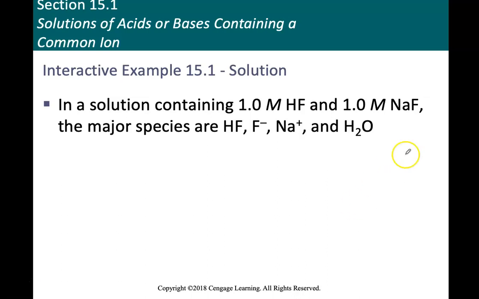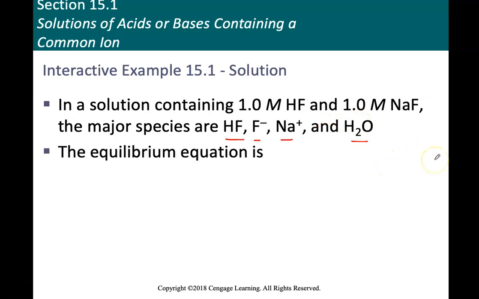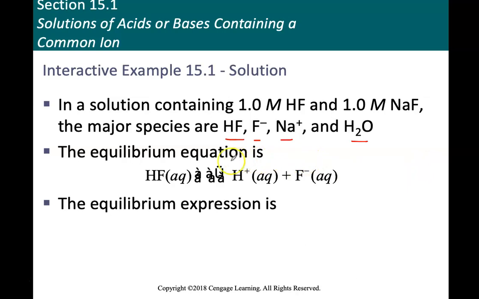So in the solution containing 1 molar HF and 1 molar NaF, the major species are, this is a weak acid, so HF will be the major species together with water. And in this salt here, the major species will be the two ions. And of course water is also there. All right, so we have the major species and the equilibrium equation.